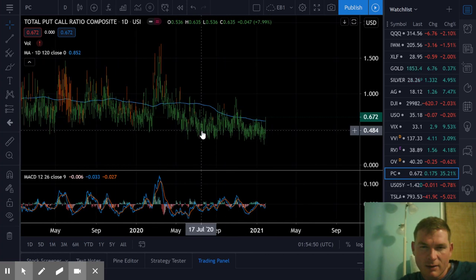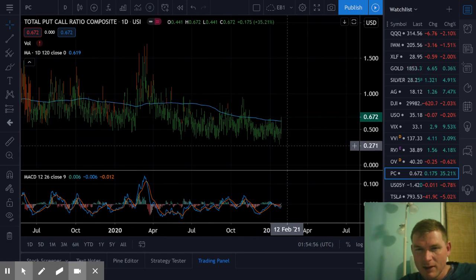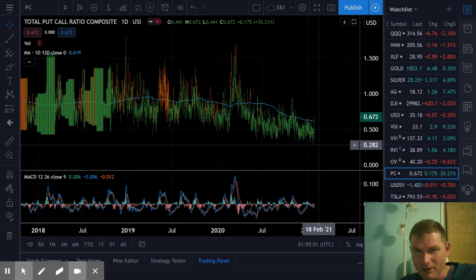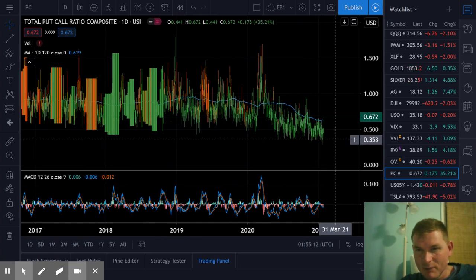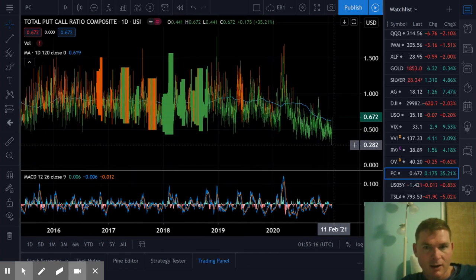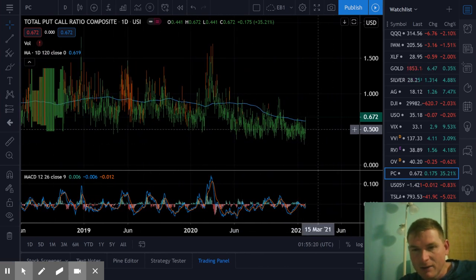Let's get in here, because right around the peak of this pullback, we had the most epic bullish sentiment and put call ratio. Absolutely everyone was long. This is the most puts versus calls that we've ever had, on volume and on the ratio.